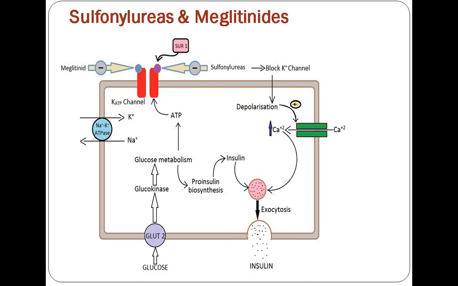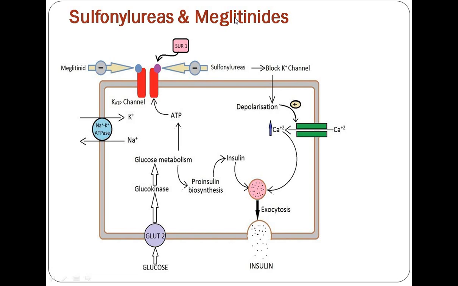The potassium channel is blocked. It causes depolarization, so that the calcium channel opens. The concentration of calcium inside the cell increases. As a result it causes the release of insulin. So sulfonylurea increases the release of insulin.